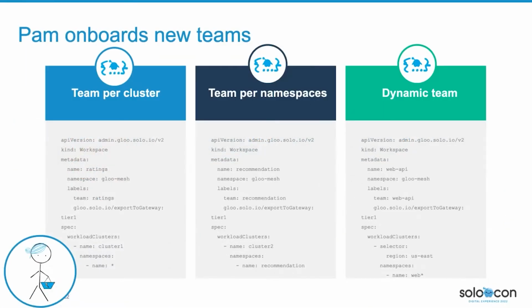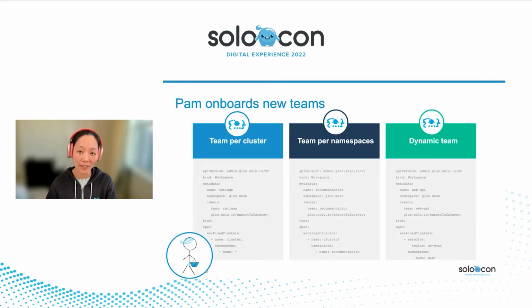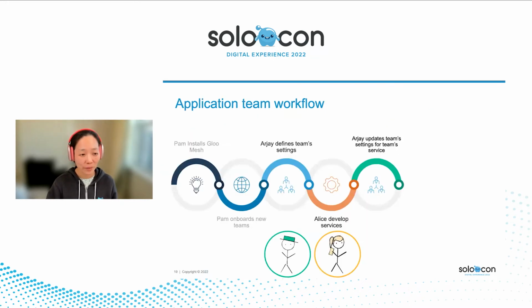So when Pam onboards her new teams, she can define teams per cluster, per namespace, and she can even do dynamic teams, so the team can grow as the Kubernetes cluster grows by using a label selector. As you can see, she has a lot of flexibility in terms of what type of workspace she wants to onboard for her team.